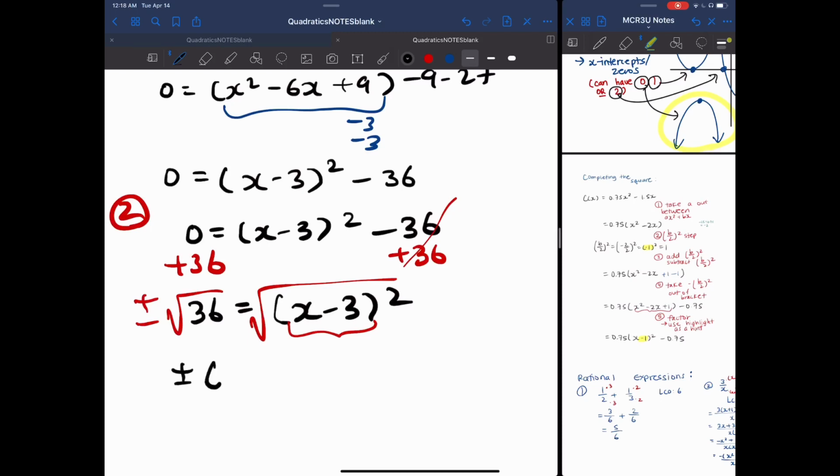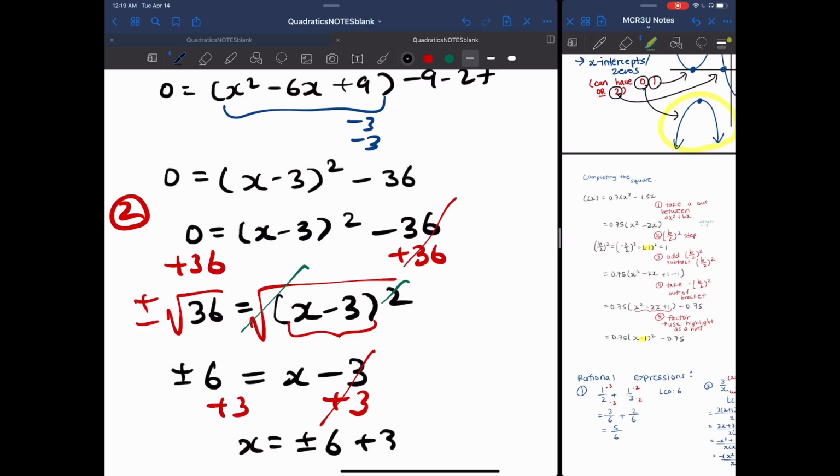So I'll get plus minus 6 exactly on the left side. Meanwhile, these parts will have canceled out because if you square root a square, that part cancels out and you get x minus 3. You're almost done. You're going to add 3 to both sides and you get x is equal to plus minus 6 plus 3.